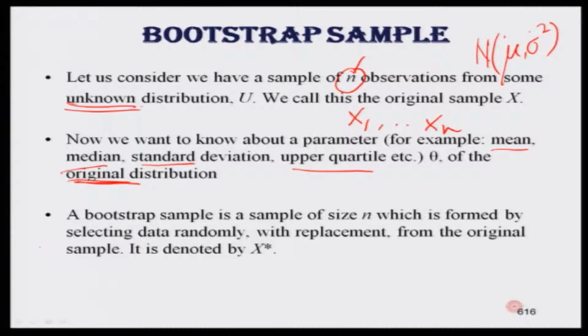Now, a bootstrap sample is a sample of size n formed by randomly selecting some set of data with replacement, or without replacement also it can be. Without replacement can only be done if the sample size is very huge. It will be denoted by x star.